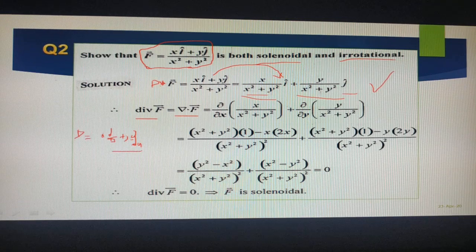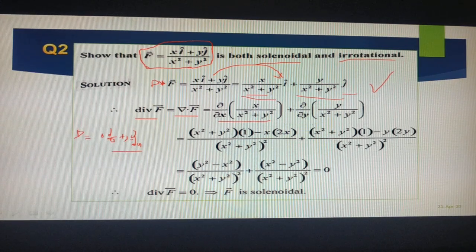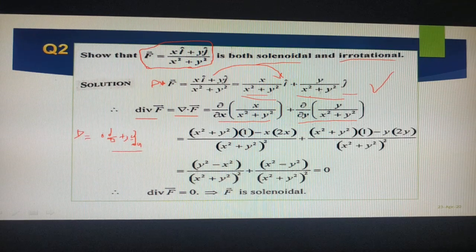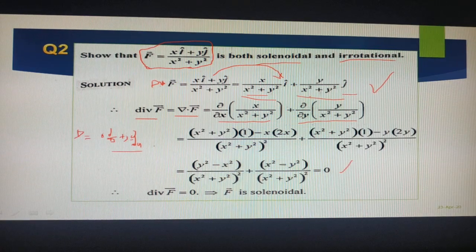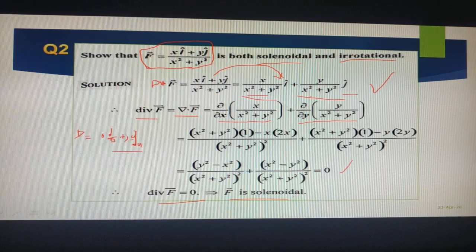If you use this formula, then i dot i, j dot j becomes 1, and the first component I have to differentiate with respect to x, the second component with respect to y. Of course it is the u by v formula with respect to x. Of course this is very simple. Now you got 0, right? So when you get the divergence of F as 0, we can call it solenoidal.